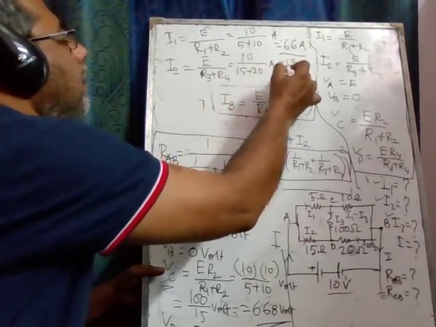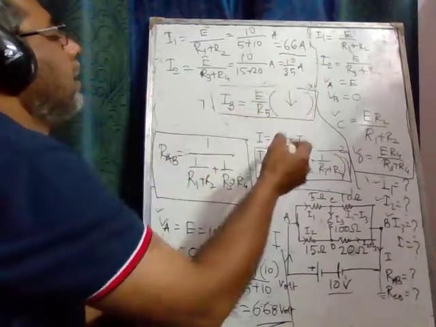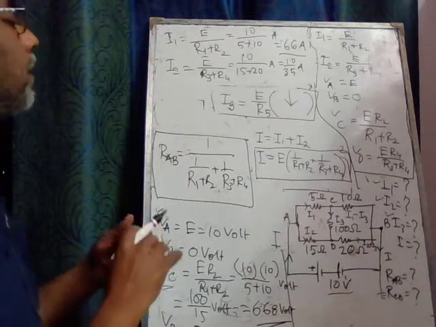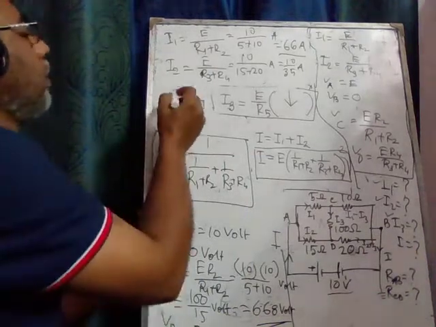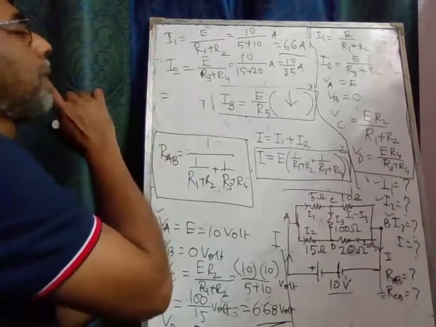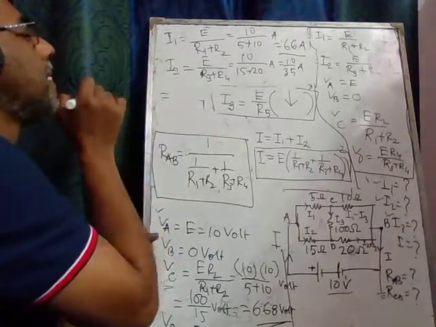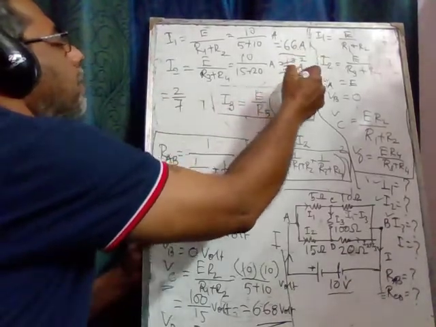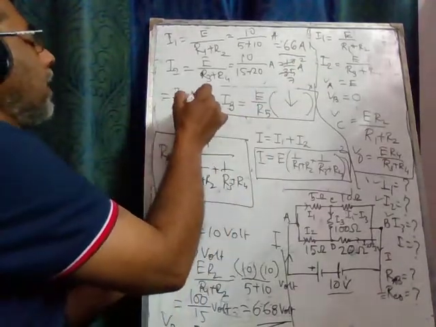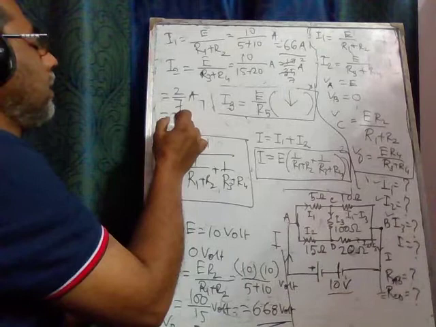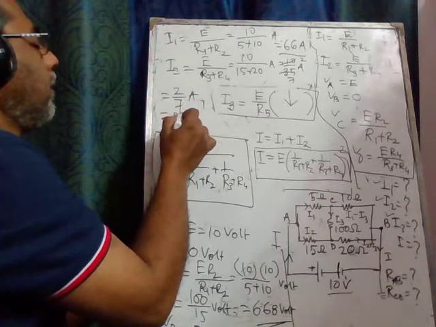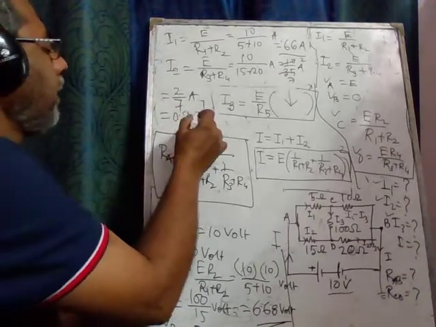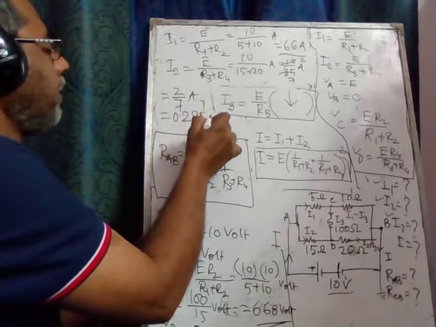That means 10 over 35 A. So this is 2 over 7, which equals 0.285 ampere.